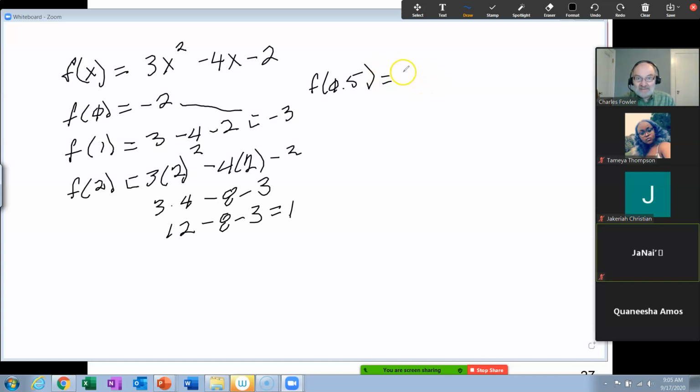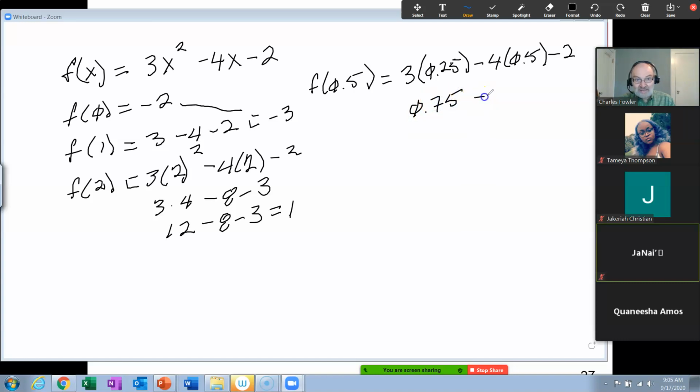That would be 3 times 0.5 squared, which I know to be 0.25. Okay, so I am going to do it in my head, I guess. Minus 4 times 0.5 minus 2. Well, this is 0.75, isn't it?